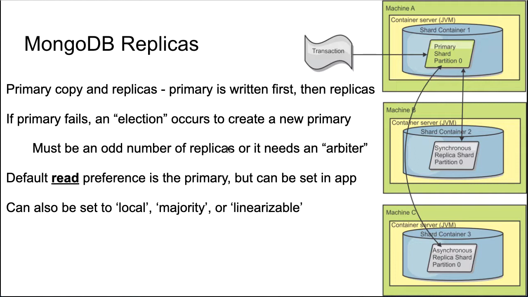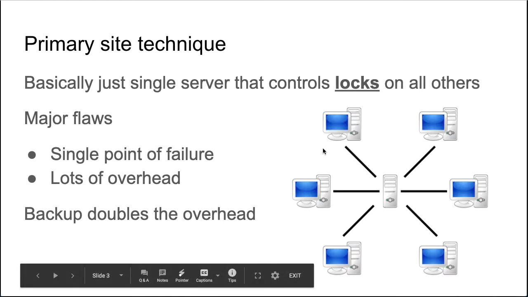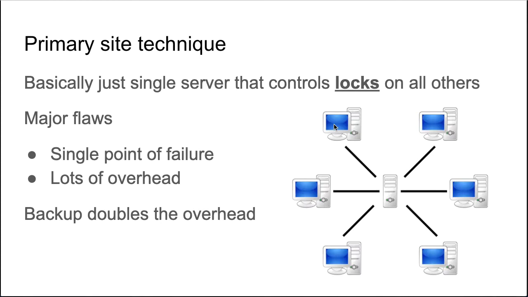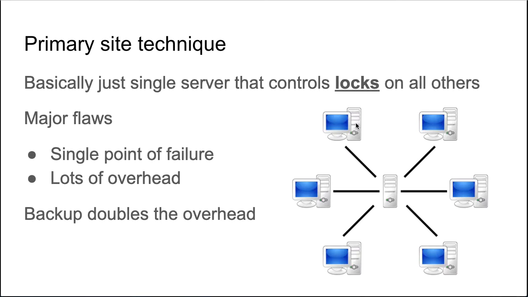So this can happen on the fly. If this guy goes down, then all these other guys elect who's going to be the new primary. Let's choose this one up here, and essentially all these connections then are going to this new primary. This new primary becomes the one that has the official data and sends it out to the other servers for reading.